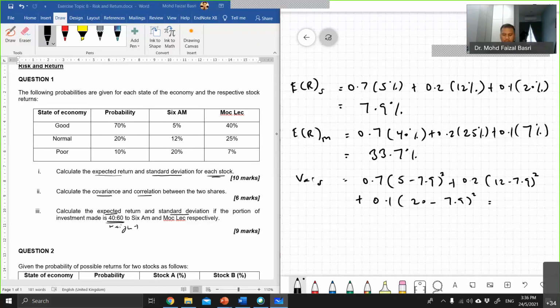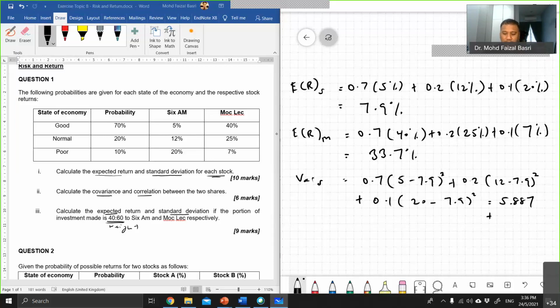Okay, 5 minus 7.9 squared, times 0.7. I'm going to write the answer first, it's 5.887.